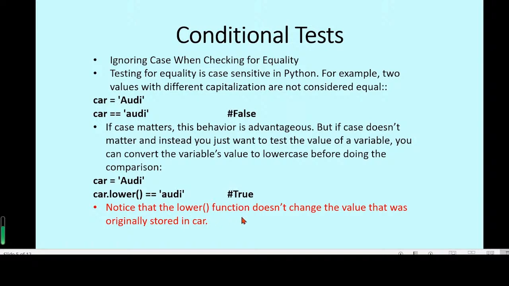Notice that the lower function doesn't change the value originally stored in car, so the car's case is still Audi. The lower is just a temporary transformation of this value to lowercase to do conditional tests.